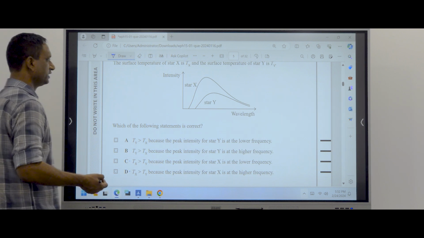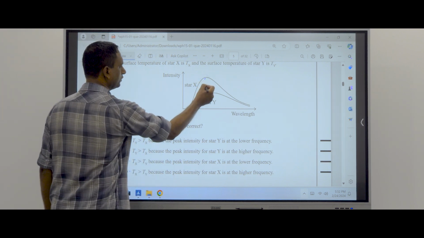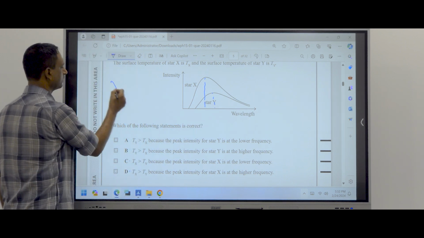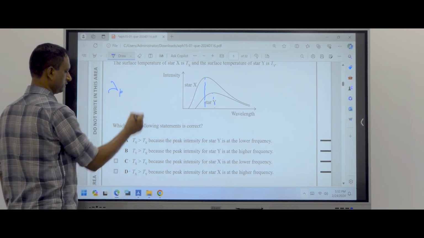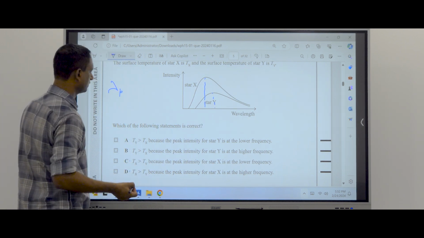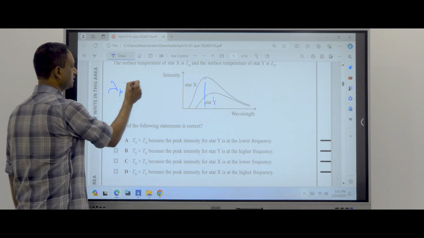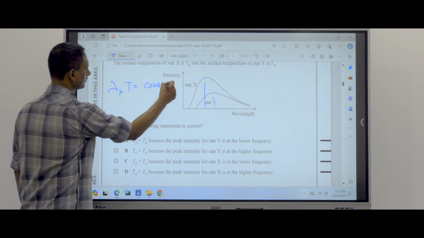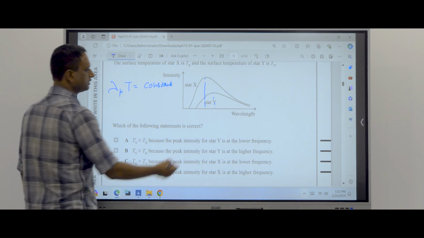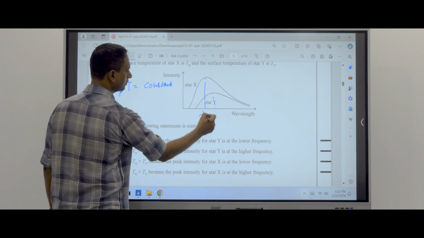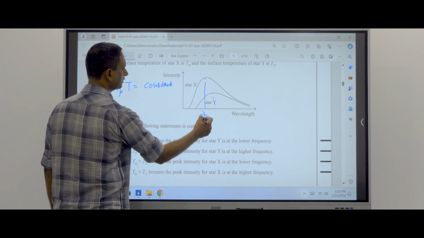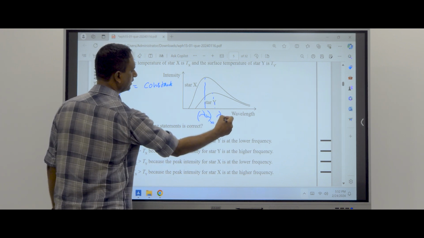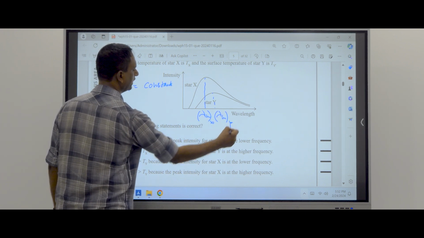But you can also use Wien's displacement law: lambda peak, or lambda max, times T equals a constant. This is the lambda max value for x. This is the lambda max value for y.